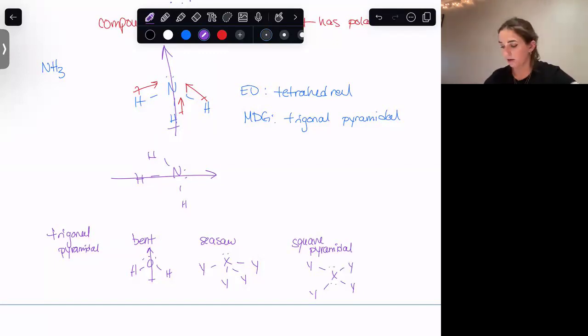But in this one, your lone pairs are both in the axial positions, and those lone pairs being opposite each other create symmetry. And then the square portion are all the same, all with the same dipole. This causes this compound to be nonpolar. So even though there are lone pairs on this central atom, this one would be nonpolar.